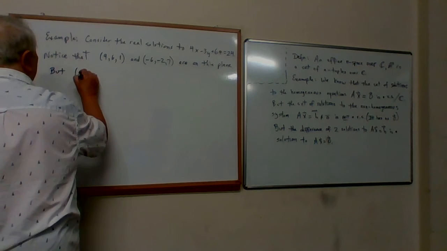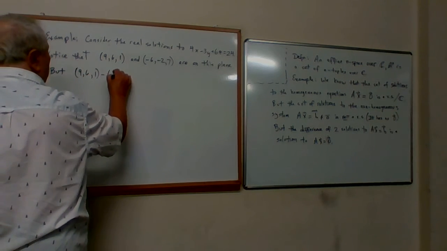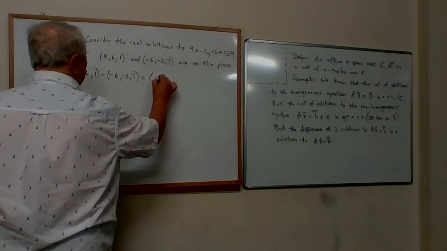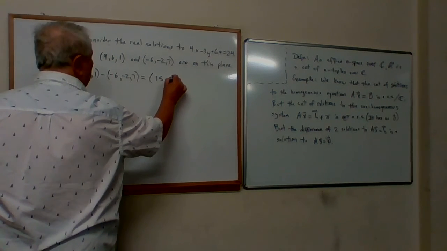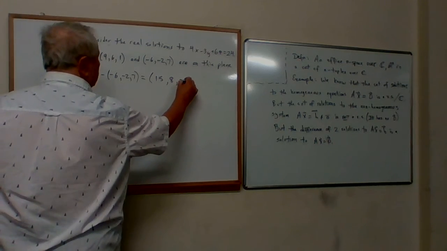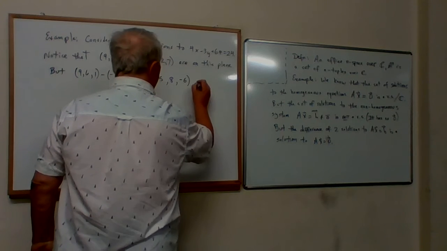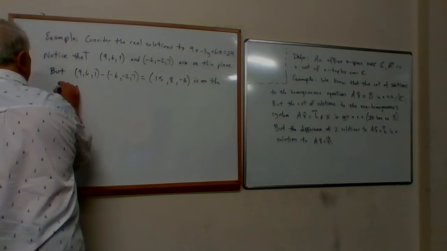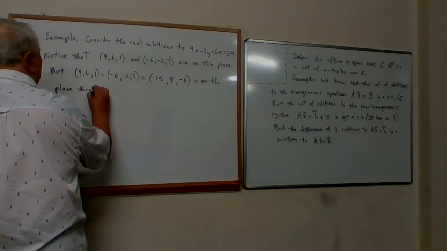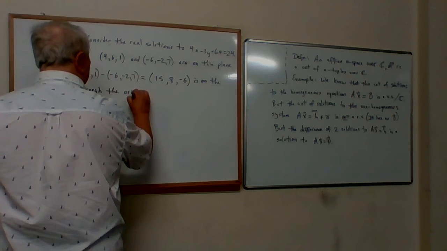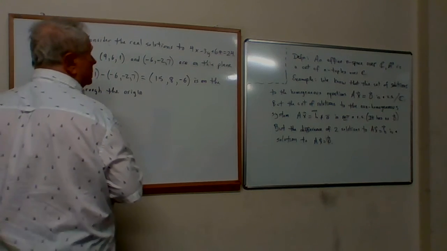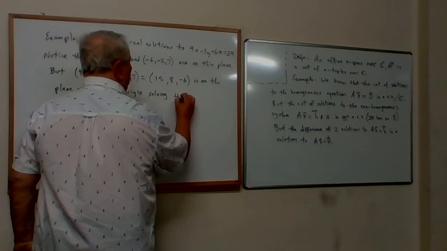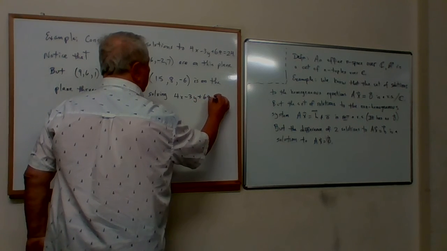But the difference, which is the vector I gave you before, 15, 8, and 1 minus 7, negative 6, is on the plane through the origin, solving 4x minus 3y plus 6z equals 0.